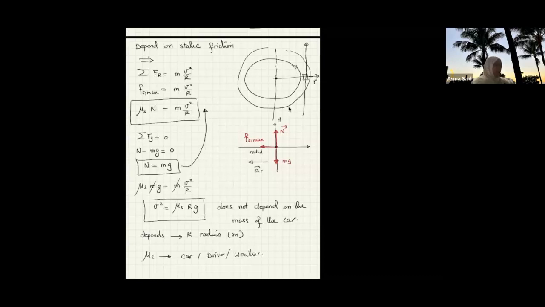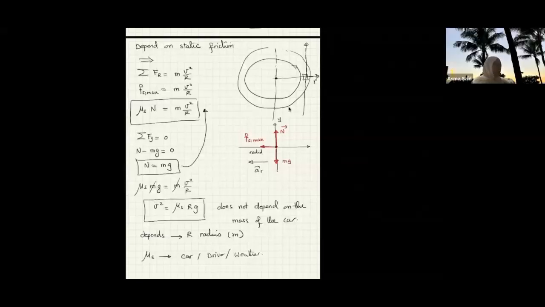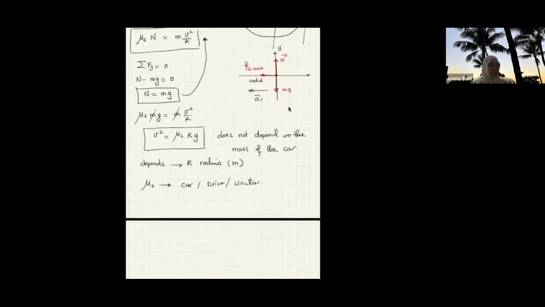Any questions here? Is the equation, the third equation at the bottom, that's also mu s? Yeah, this is where if you are going to calculate the speed that the car can go safely, you're going to say v equals the square root of mu s times r times g.